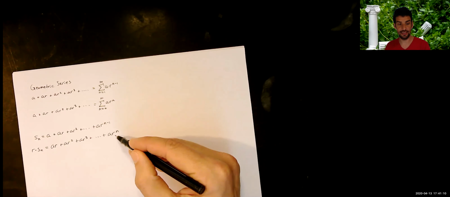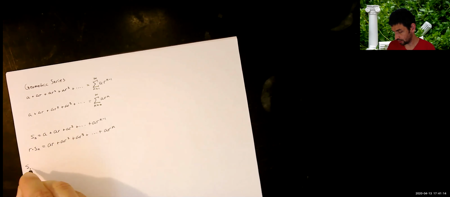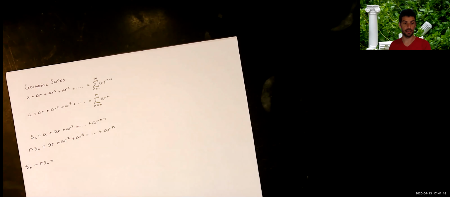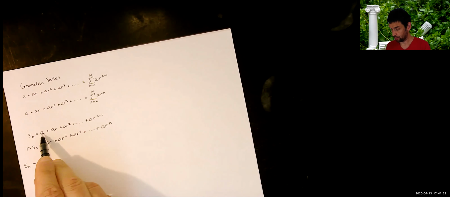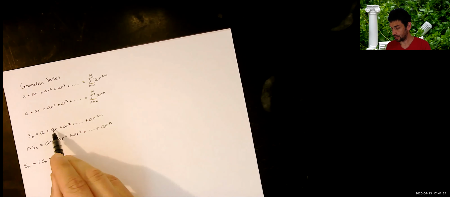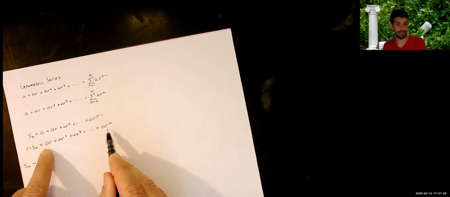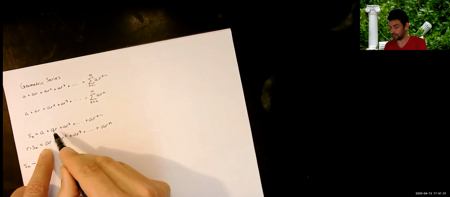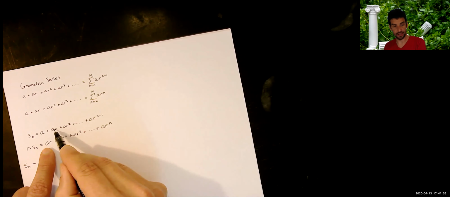Now I'm going to take this second equation and subtract it from the first. On the left-hand side I get this. Something nice happens over here. Remember, this is just a regular finite sum up to some number, so we can do things in any order. When I'm subtracting, I'll get a negative ar and a positive ar.